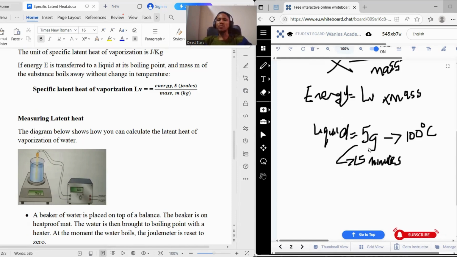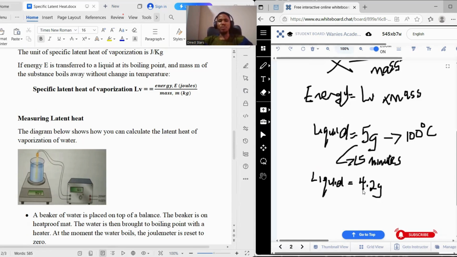you can see if this 5 grams stays at 100 degrees Celsius for a good 15 minutes, there will be an exchange of vapor to the environment. That would be a release of vapor to the environment. So for that 15 minutes, the liquid has changed its mass to 4.2 grams.